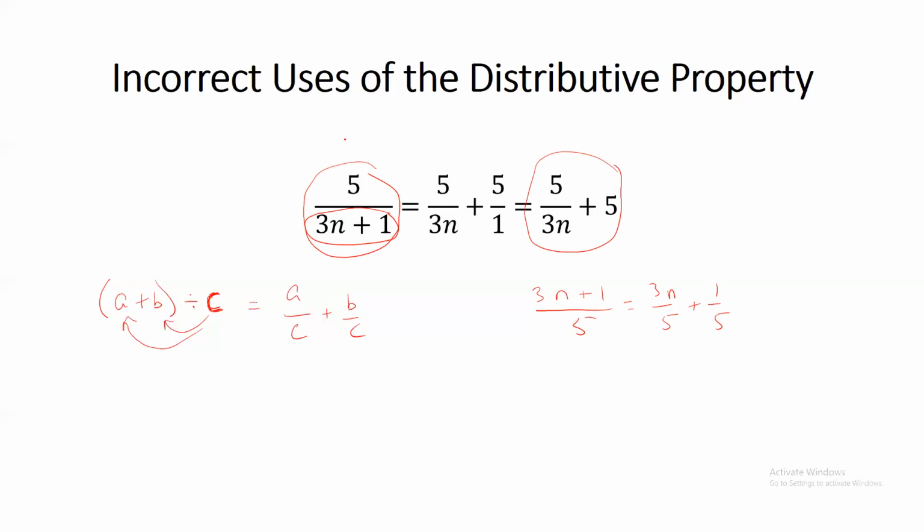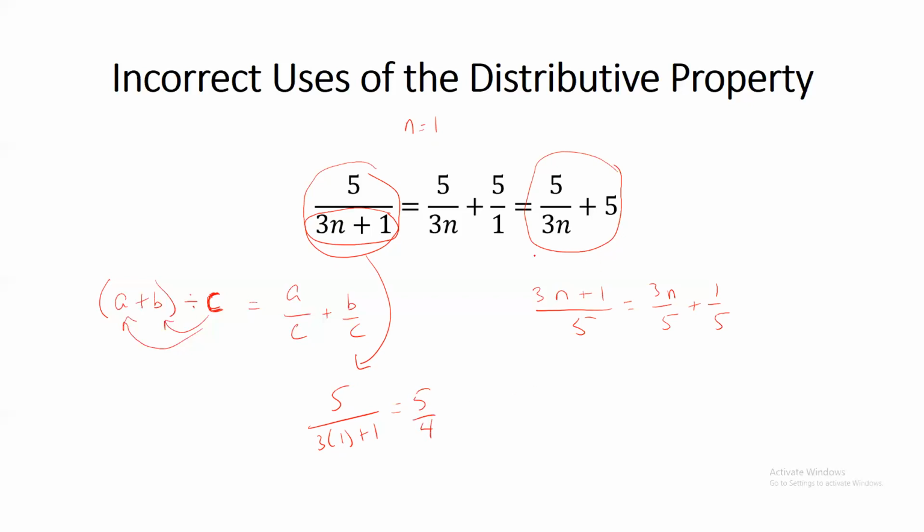If I, for example, let n equal 1, the expression on the left will be 5 divided by 3 times 1 plus 1, which is 3 plus 1 is 4, is 5 over 4.